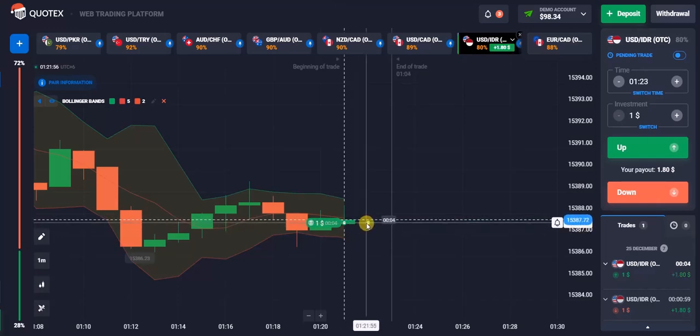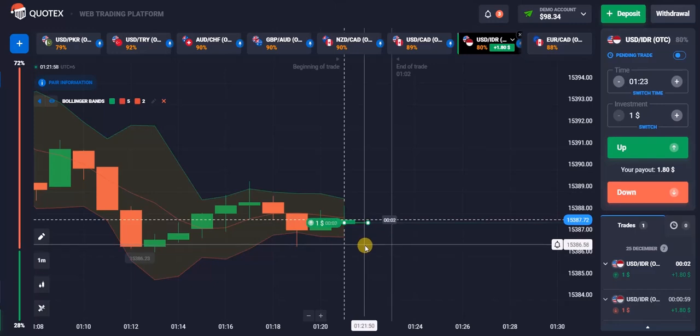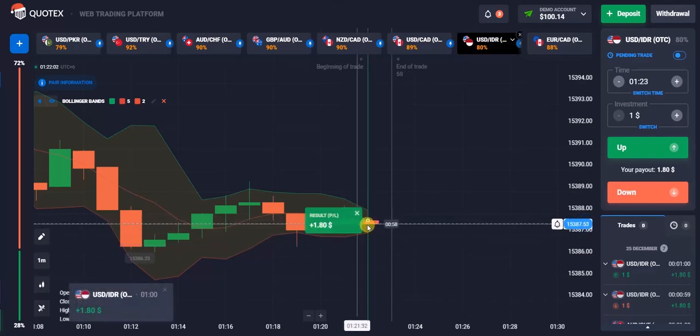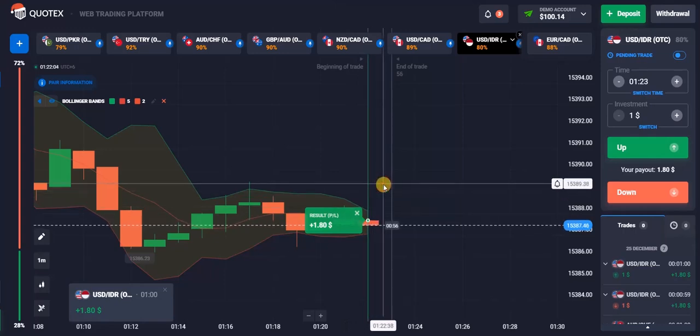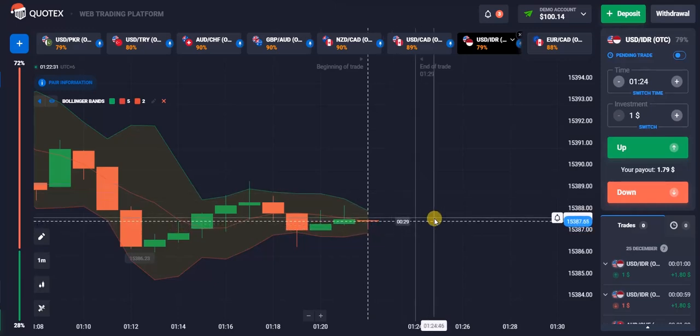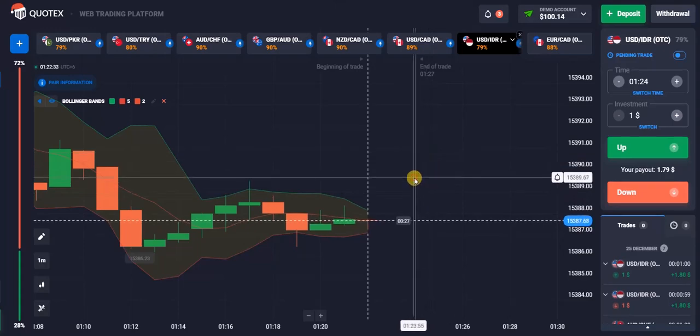There's a very little gap right here, and at the last moment we won this. So we have taken 7 trades and we have won 5 of them and lost 2.